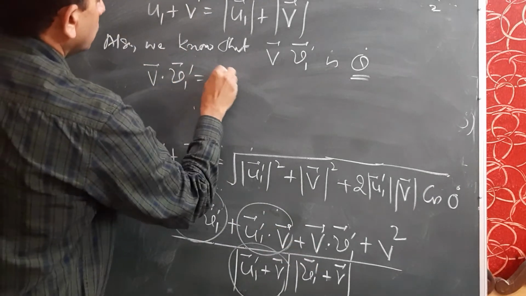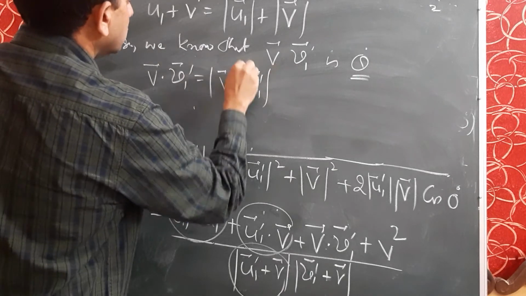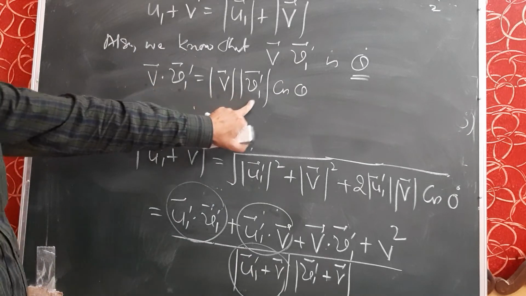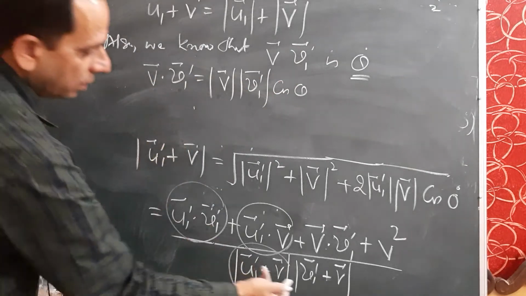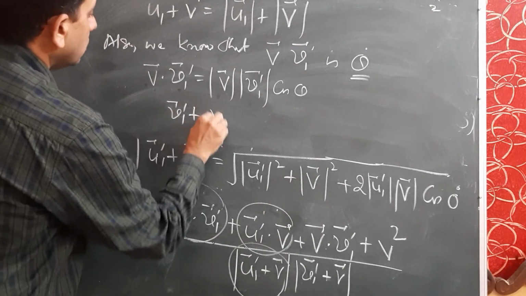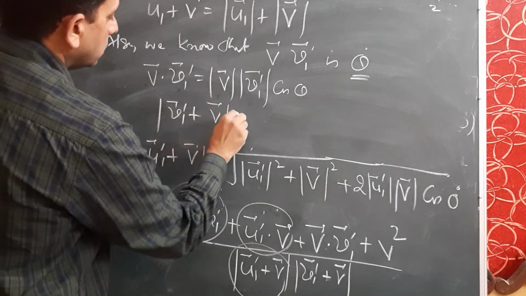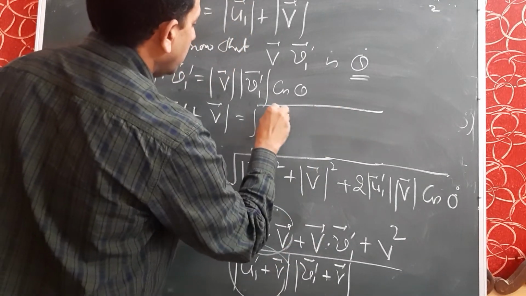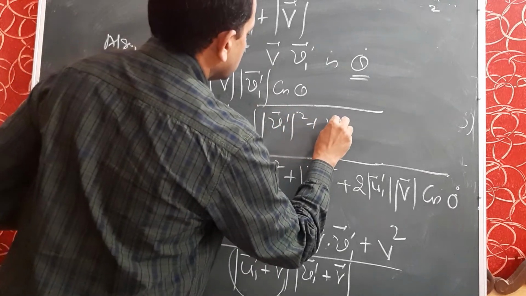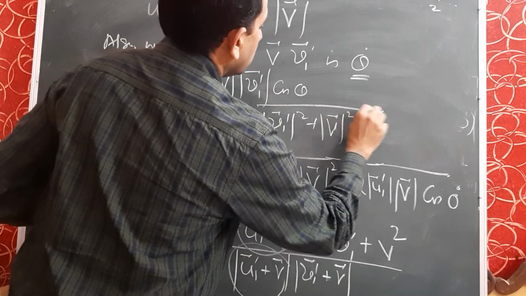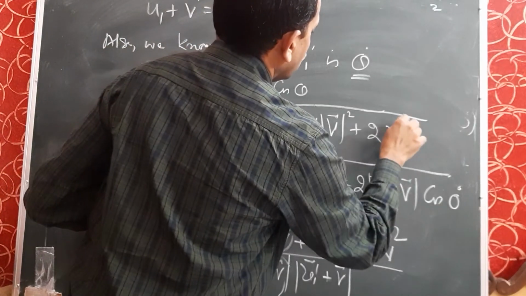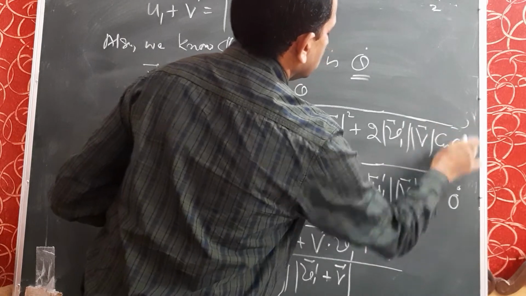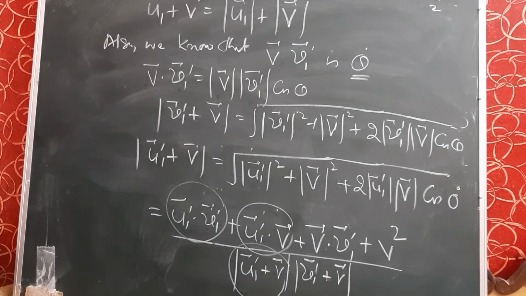It will become V magnitude into v1' magnitude into cos of theta. And similarly, v1' plus V, its magnitude is under root v1' mod square plus V mod square plus 2 v1' mod into V mod into cos of theta. So this term remains as it is.